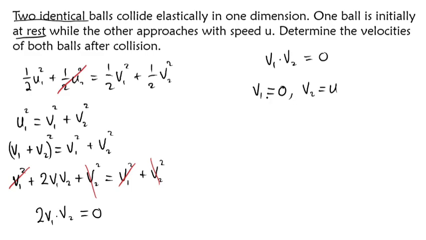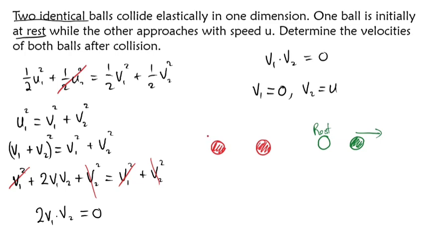So to understand what is happening here, let me just bring back the diagram. This is the ball that is moving towards the other. This is the ball which is at rest. These two are identical. So what happens is, after the collision, the second ball moves in this direction, while the other ball comes to rest.